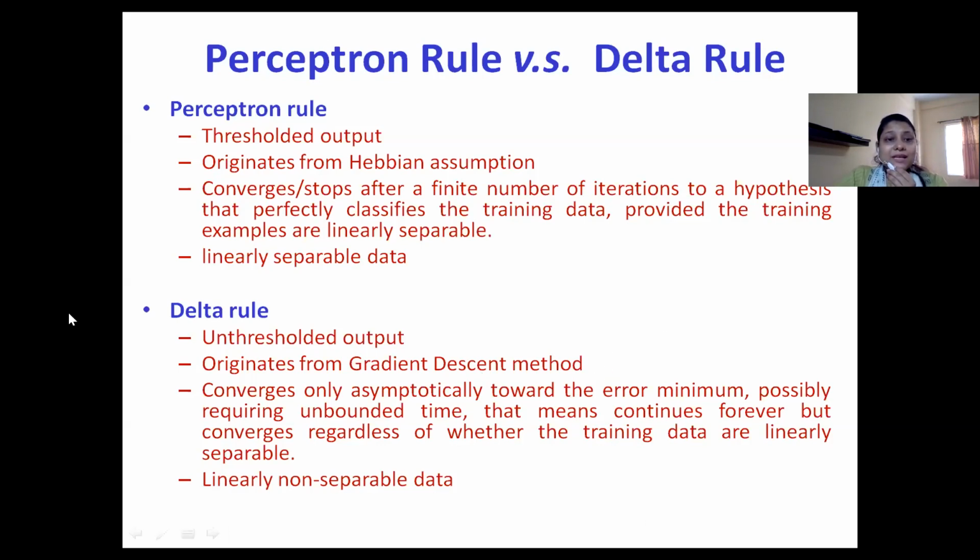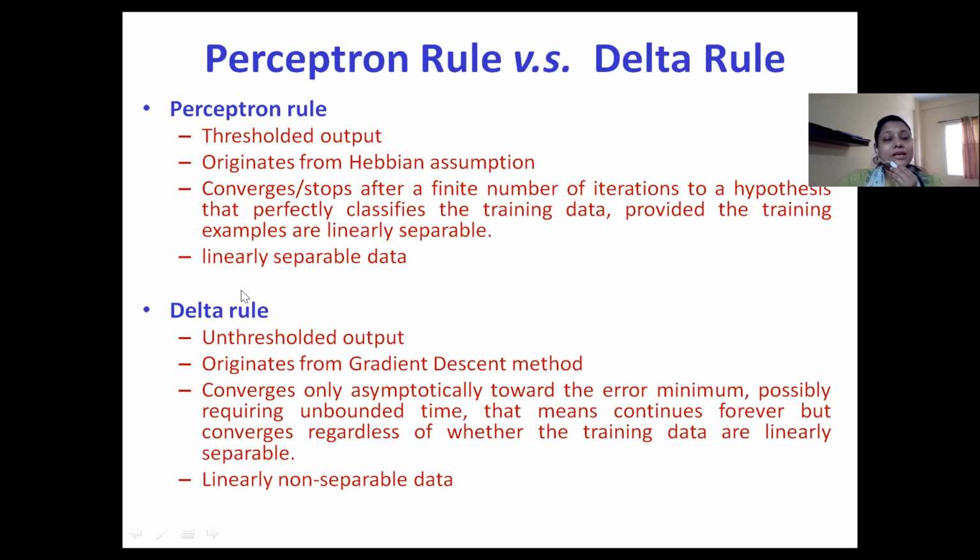Now the third difference between this perceptron rule and the delta rule is that it converges, or it can stop after a finite number of iterations. You can remember that I have mentioned that in this kind of neural network procedure, you can mention the number of iterations at the beginning.